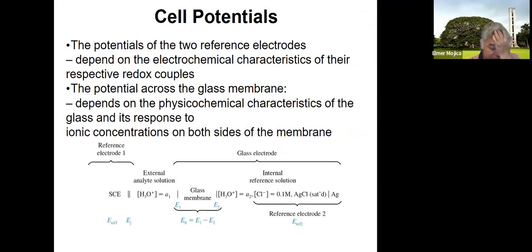And they said there are usually several potentials that you can develop in the membrane. So you can have the potential of the two reference electrodes. It depends on the electrochemical characteristic of the respective redox couple. So you can have the reference electrode one here, and another that you have here.